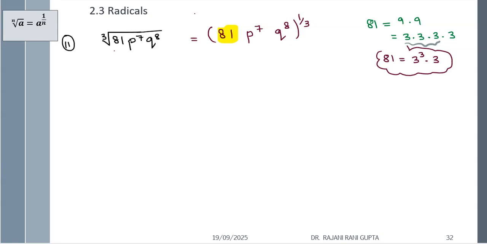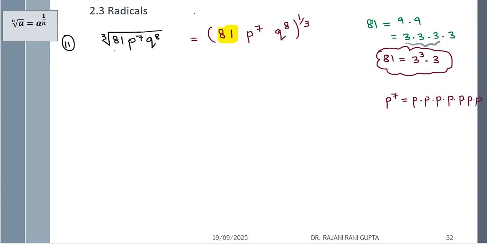Clear? Now, moving to p power 7. How can we write it? Can I write it as p power 6 times p? Or if you want an easier way, p power 7 means multiplying p 7 times: 1, 2, 3, 4, 5, 6, 7.